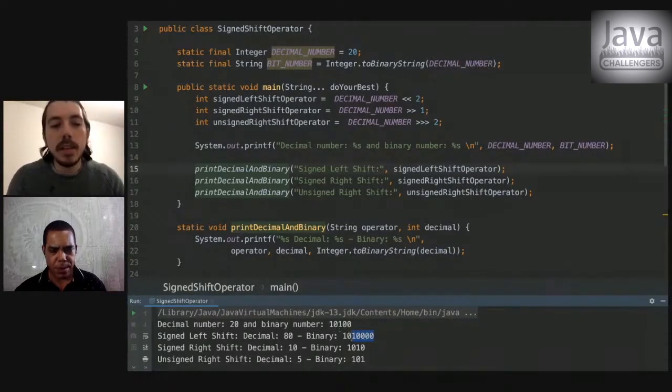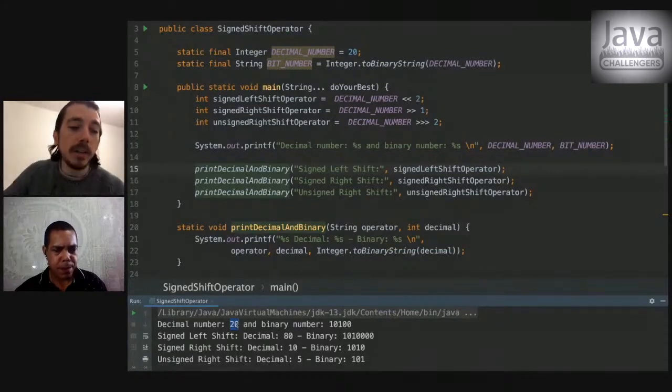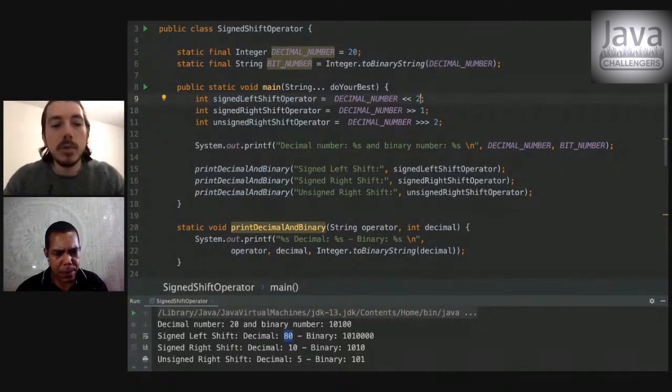As you can see, 101 jumped 2 positions to the left. And when that happens, the decimal number goes up. In this case, 20 multiplied by 4 is 80. And if we shift by 1, it would be the double.